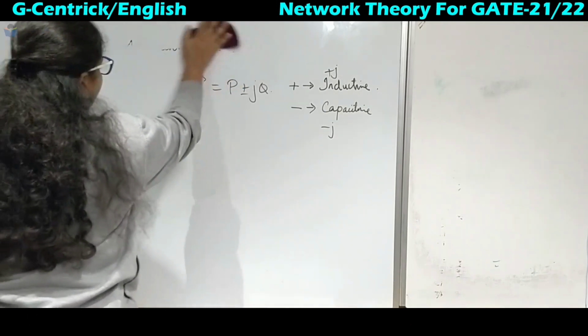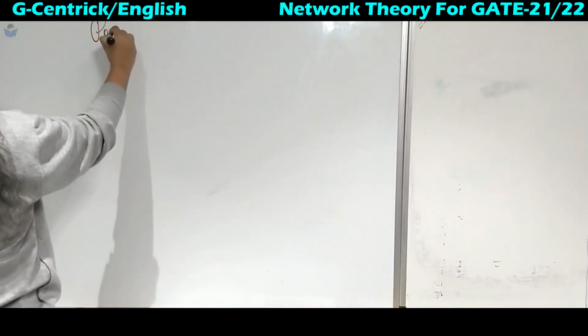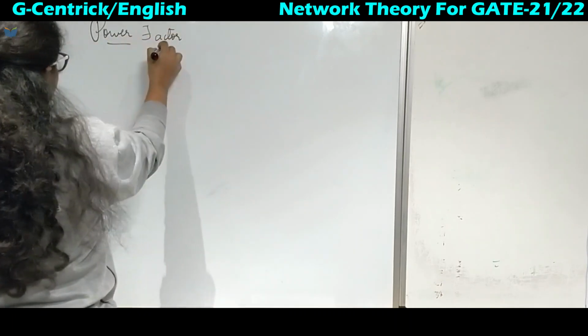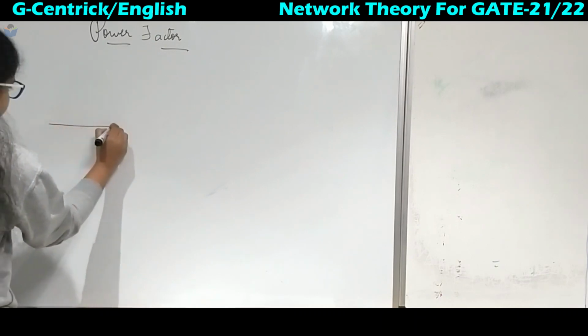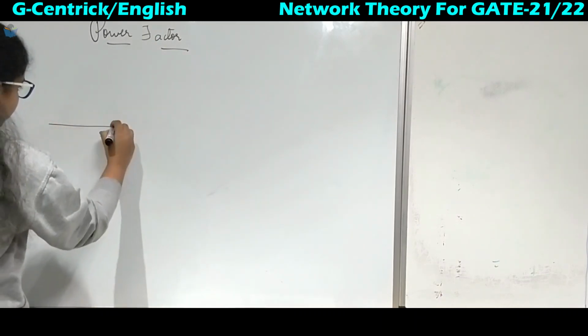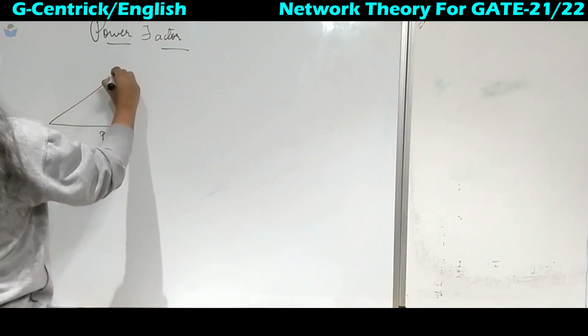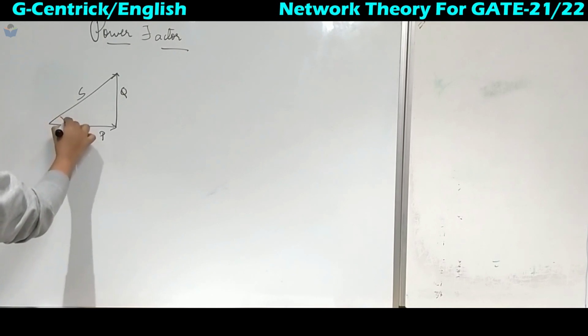Now we will move on to the different terminologies of the power factor and its definitions. First we draw the power triangle that we saw in the last few minutes: this is P, this is reactive power, this is apparent power, and this is angle phi.